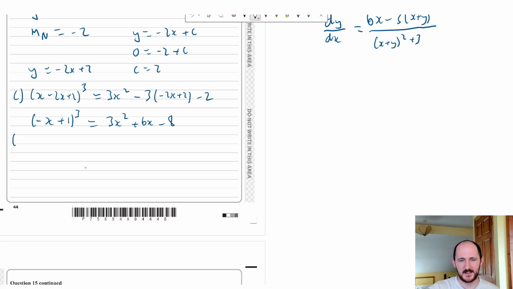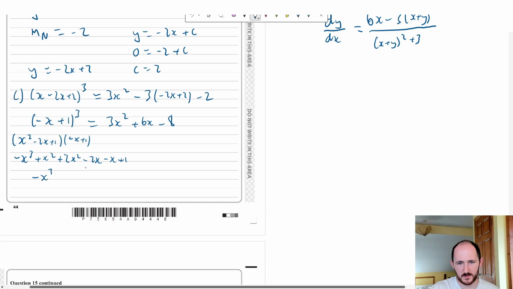Let's have a look. So that'd be x squared minus 2x plus 1 times minus x plus 1. So then that becomes minus x cubed plus x squared plus 2x squared minus 2x minus x plus 1. So then that's minus x cubed plus 3x squared minus 3x plus 1 equals all of that.